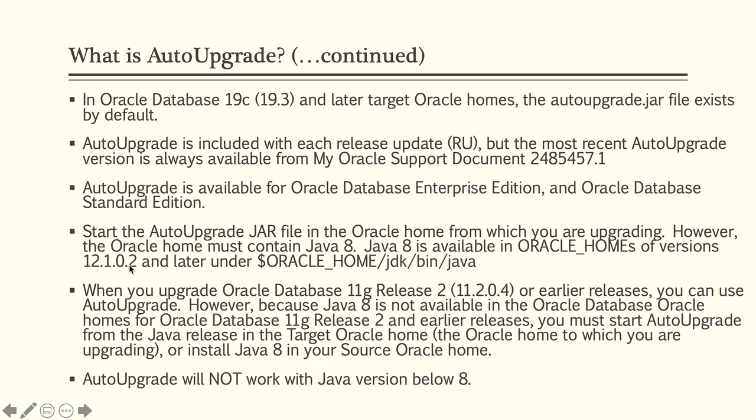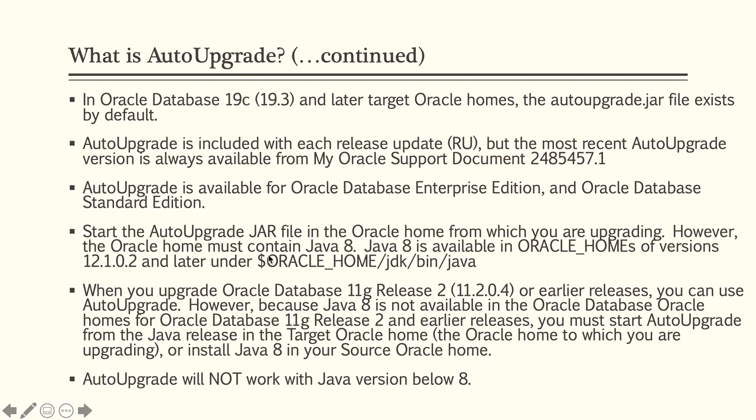Then you might face challenges. You would see that 12.1 or the lower versions might not come with Java version 8. In such cases, make sure that you install JDK somewhere on that machine, most probably under the /usr/java location or under the Oracle home JDK location, wherever you want, and then run the auto upgrade utility with Java version 8.